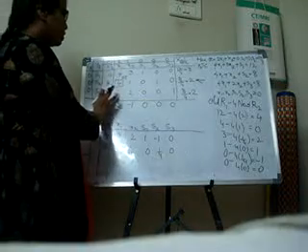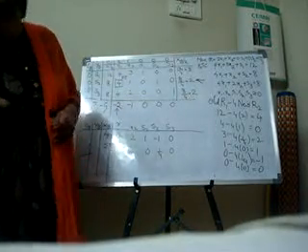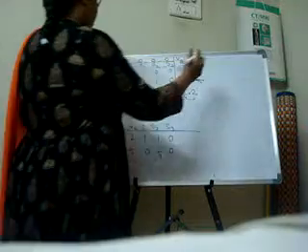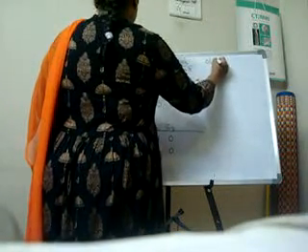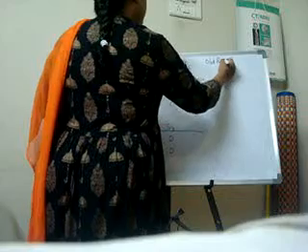Now I have to convert this also into 0. How do I do that? Old R3 minus 4 into new R2.